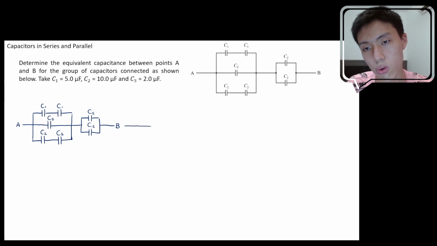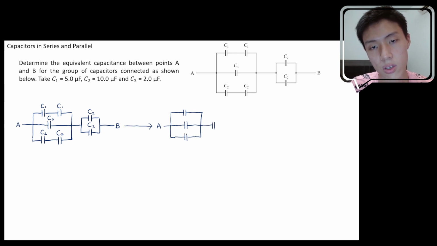The effect of combining these 3 pairs will be that we still have C3 in the middle, that's still the same, but C1 and C1 will be combined to be one single capacitor. C2 and C2 will be combined to be one single capacitor.